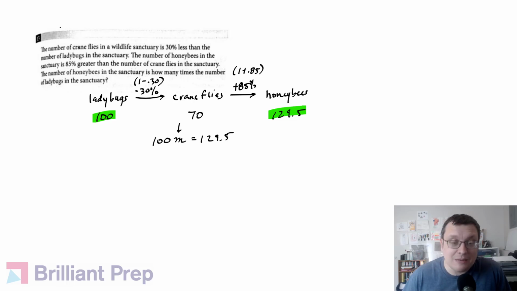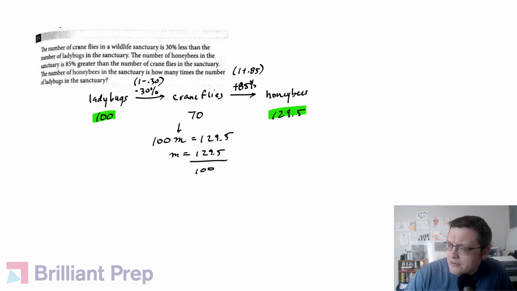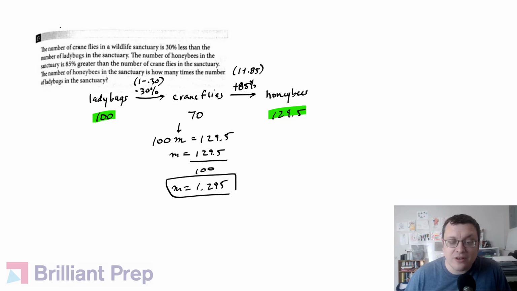So we can set up this quick equation. Either way, we'll get 129.5 over 100. And we go ahead and just put that in our calculator. And we get 1.295. So m would be 1.295. So this would be the answer. This is the number, or the how many times greater the honeybees are compared to the ladybugs in the sanctuary.